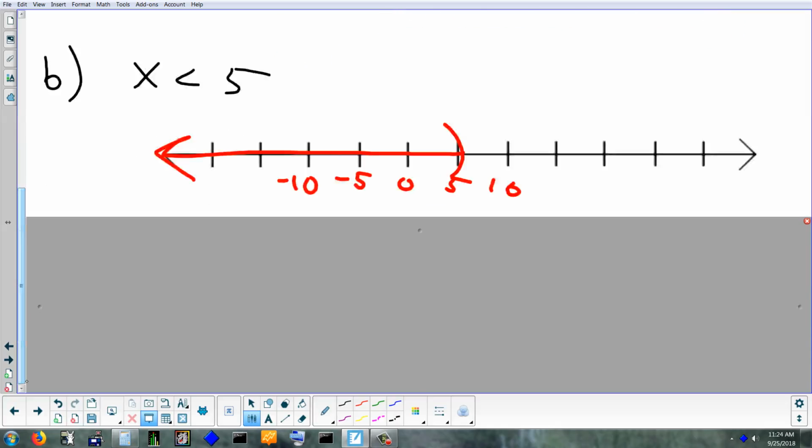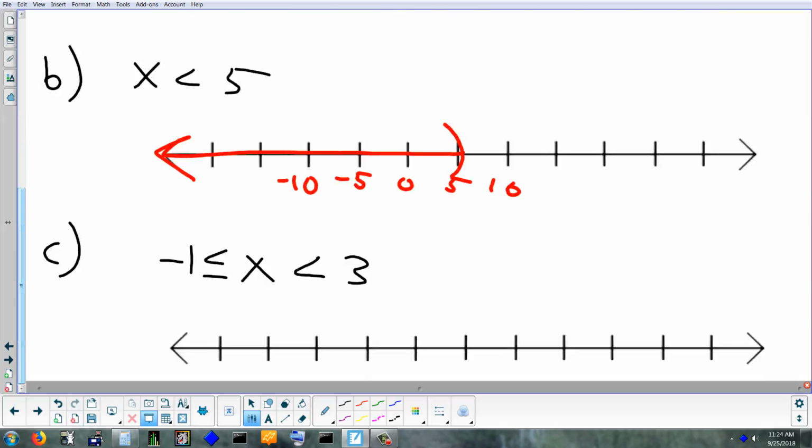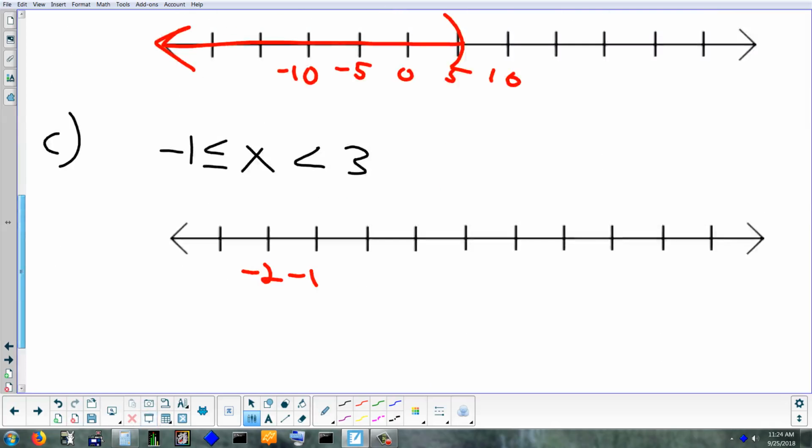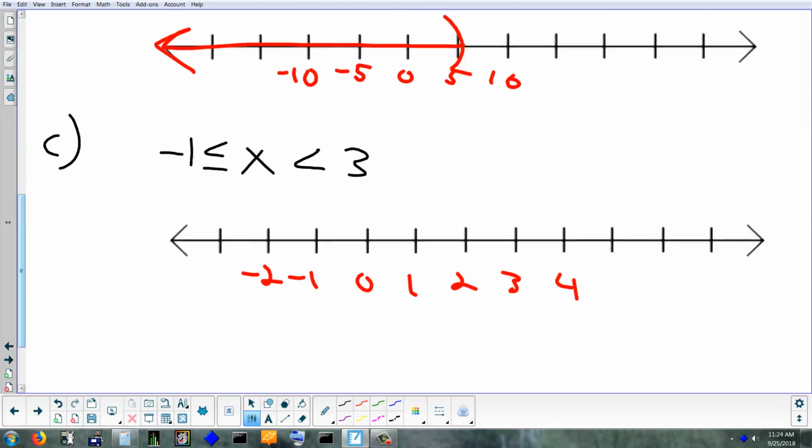So two unbounded. Let's do a bounded. Alright, so just number your number line. You can go by 2s if you want, but the numbers aren't too big here, so I think that works fine. Madison, what kind of symbol on -1? Bracket. Yep, I agree.